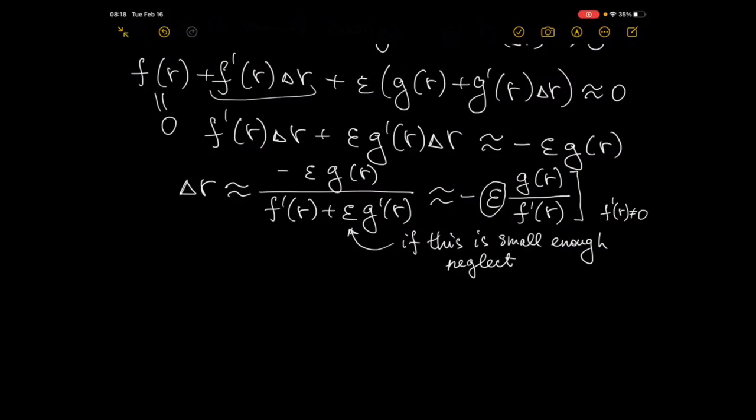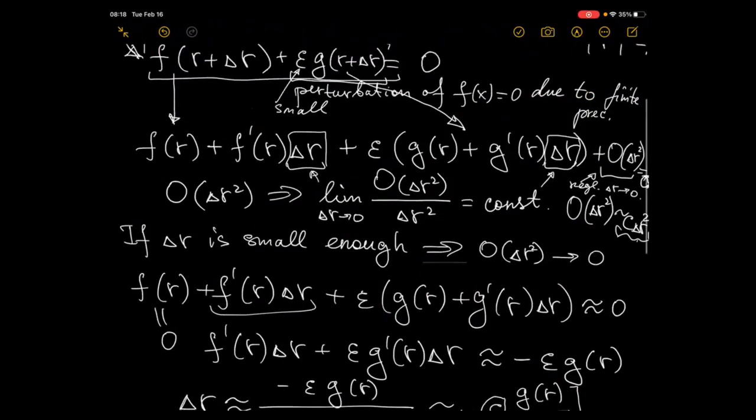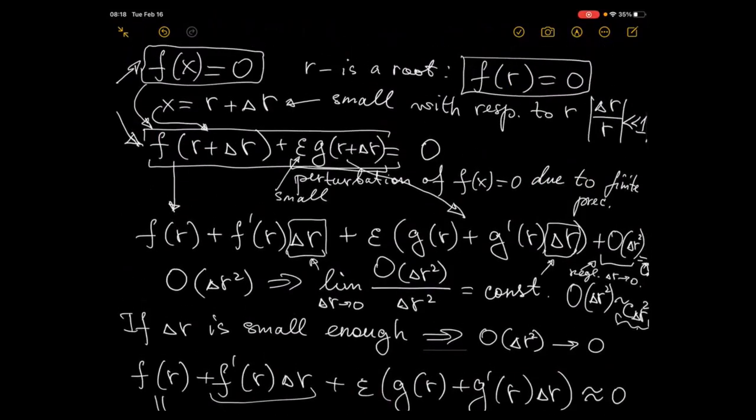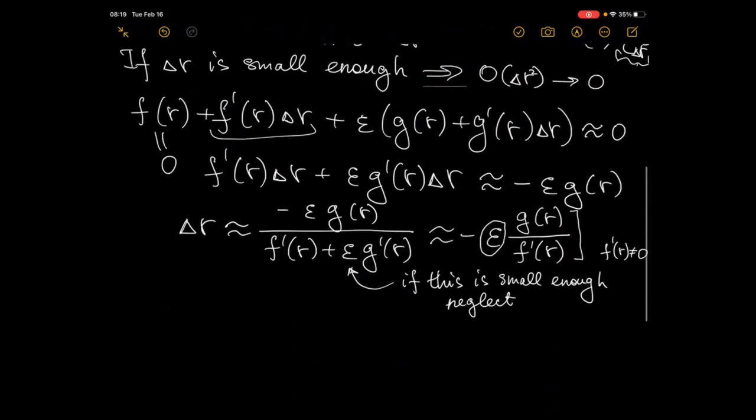So what we got? We got that if we have epsilon G as a perturbation of our equation, then instead of the root, we will have a root plus some mismatch, or some distortion of the root, delta R. And we found the estimation for this delta R.